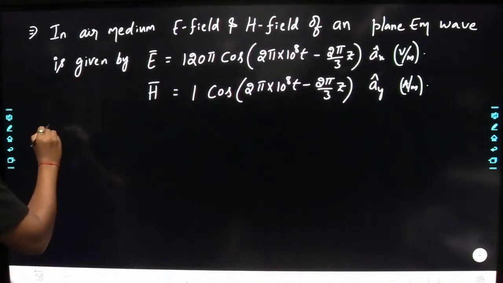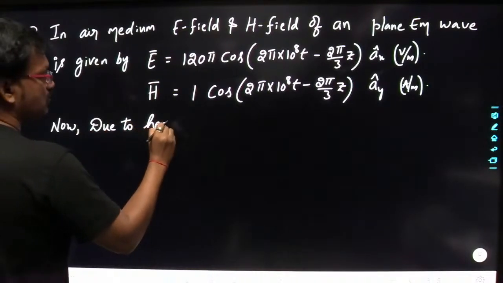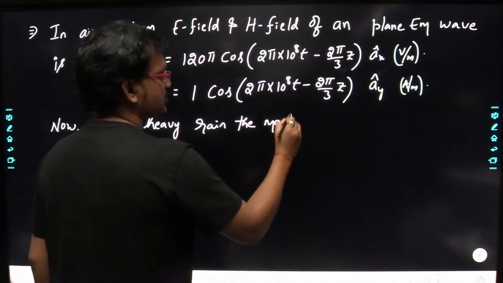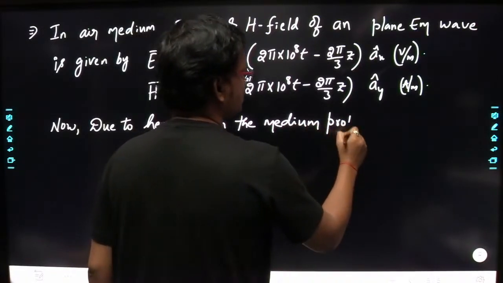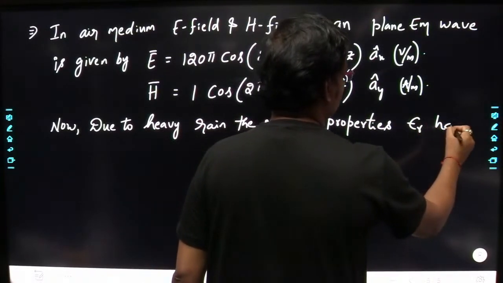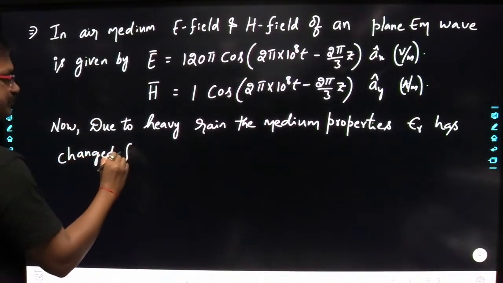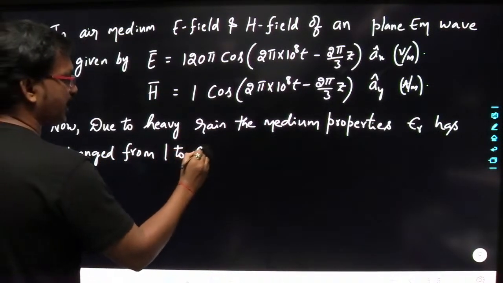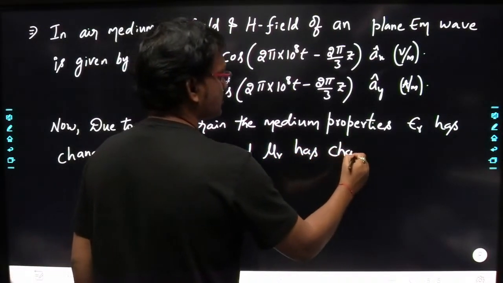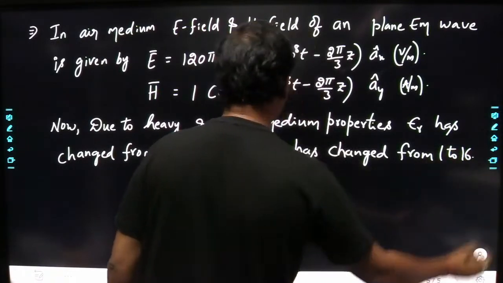Now, due to heavy rain, the medium properties epsilon r has changed from 1 to 9 and mu r has changed from 1 to 16.